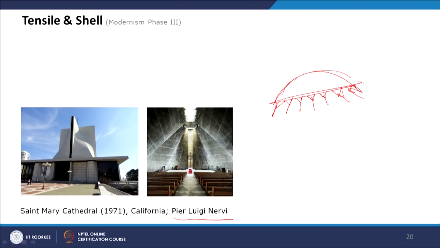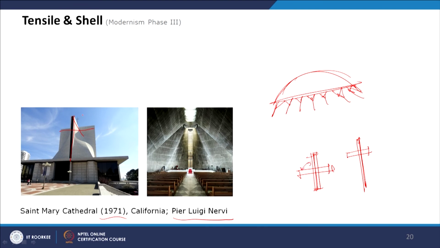Luigi Nervi's other example was this St. Mary Cathedral, which is from 1971 in California. If you look at this cathedral from the top, it gives a cross, which is a Greek cross, equal on both sides. This is a Latin cross, where one vertical element is bigger than the horizontal element, but a Greek cross has two similar elements.